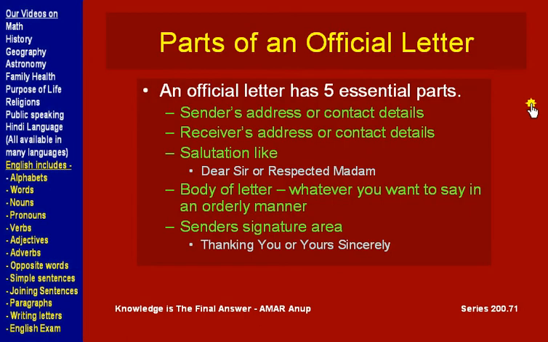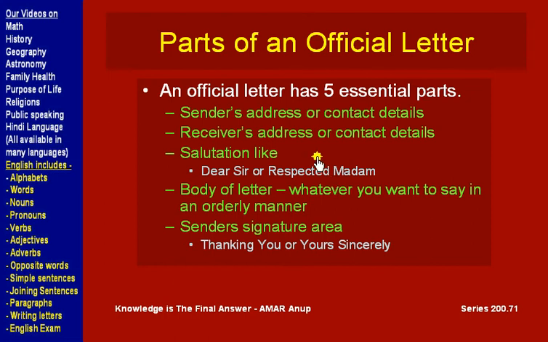Now let's see what are different parts of an official letter. An official letter has 5 essential parts. There are a few more, but 5 parts are very essential. On the top is the sender's address or contact details. Next is the receiver's address or contact details.